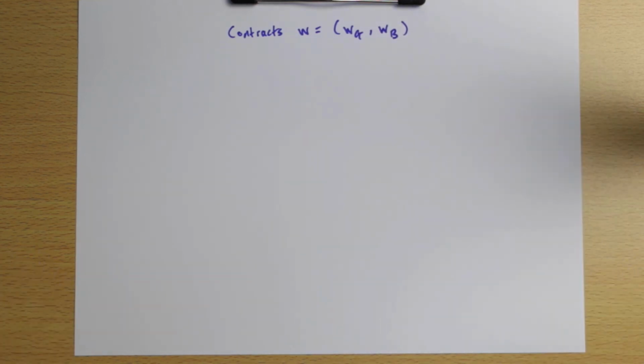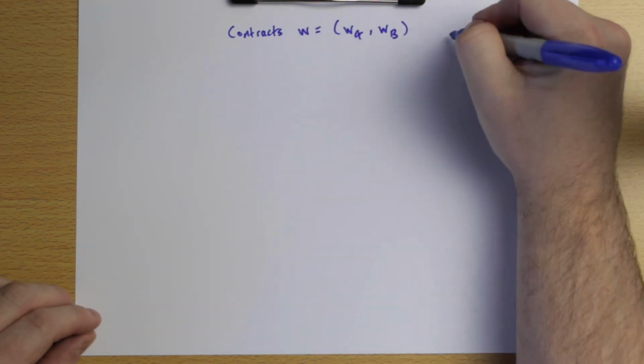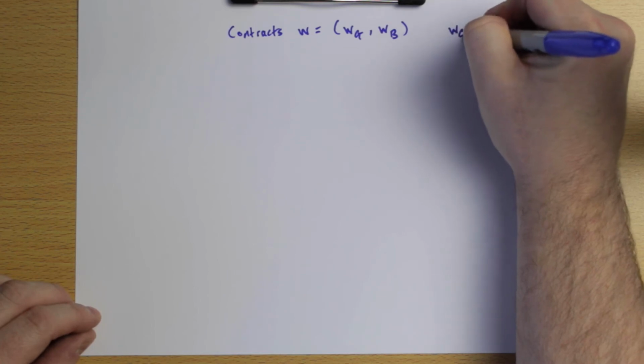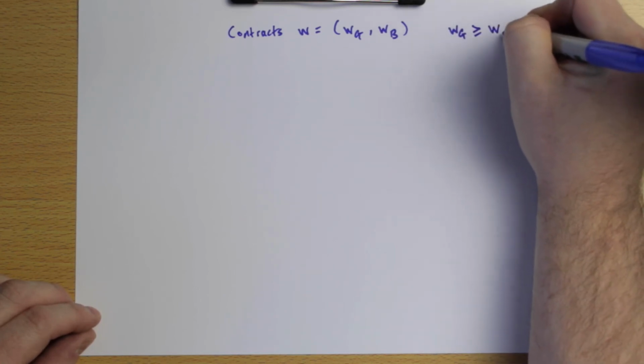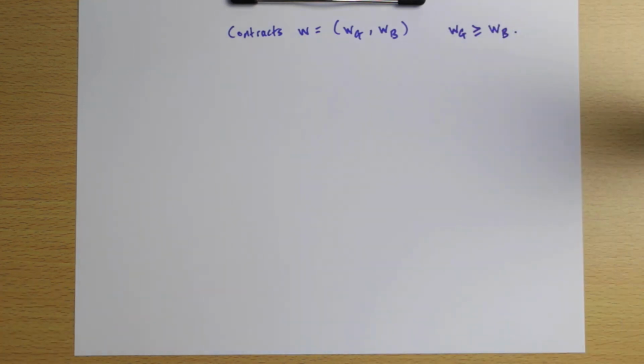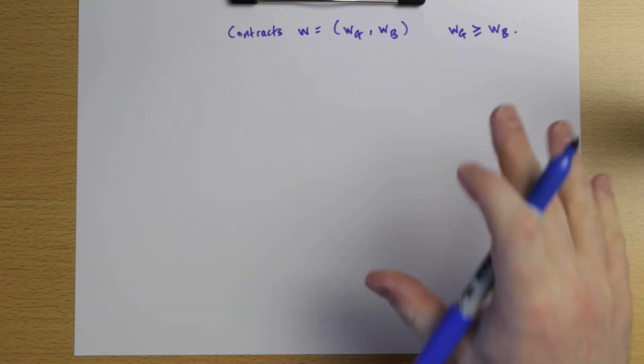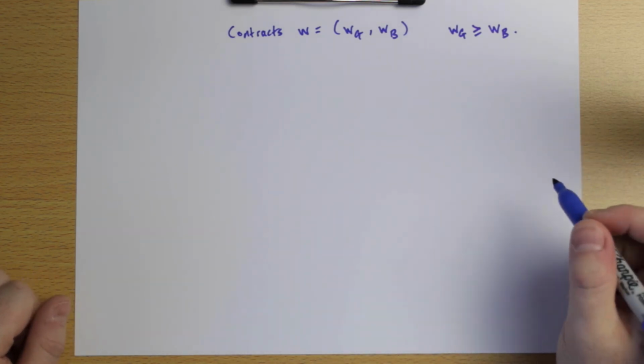And while we develop intuition for this, we're just going to assume that WG is greater than or equal to WB. That kind of makes sense, that they get paid more in the good state. This can be proved later, but it'll help develop our intuition if we assume that for now.